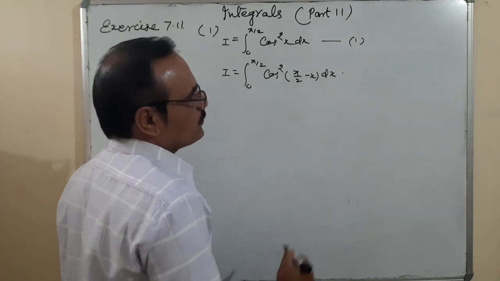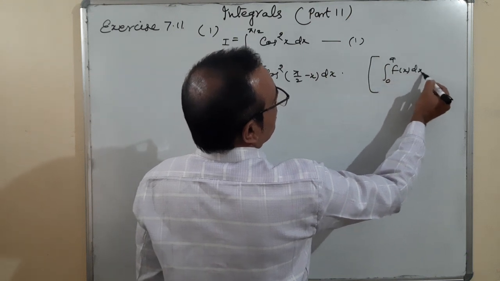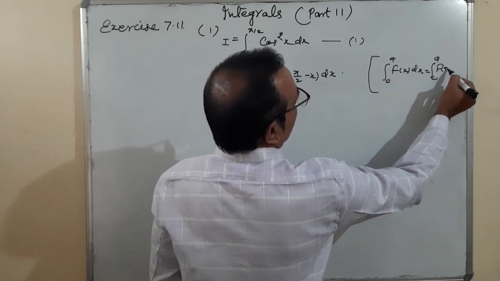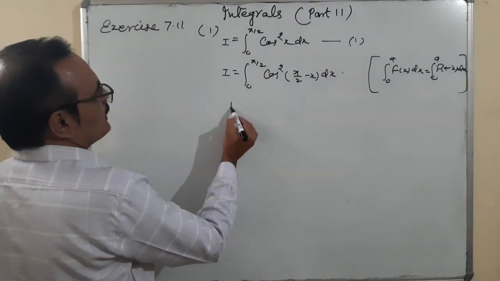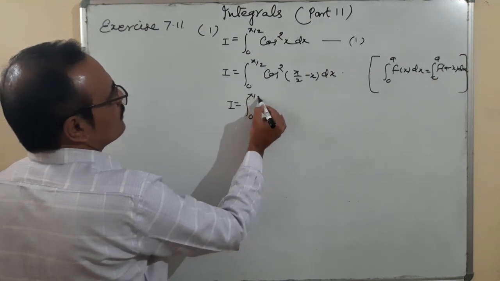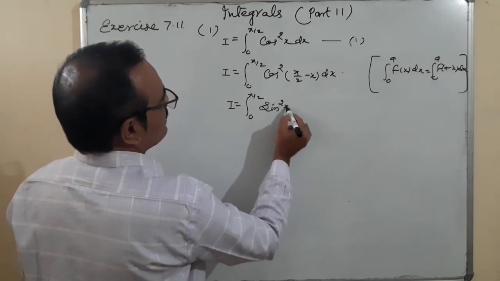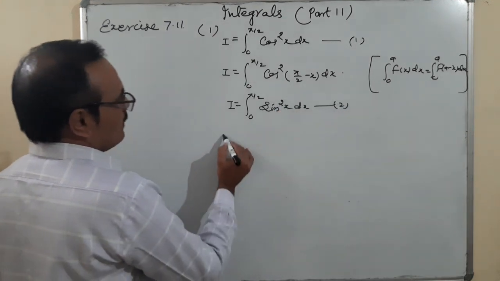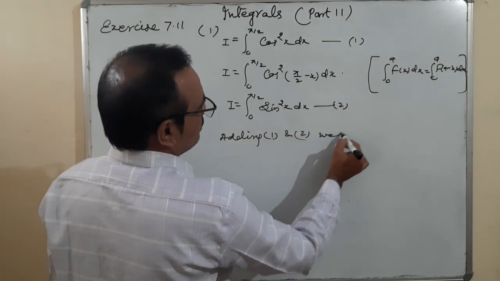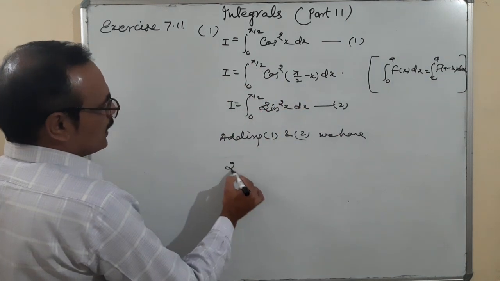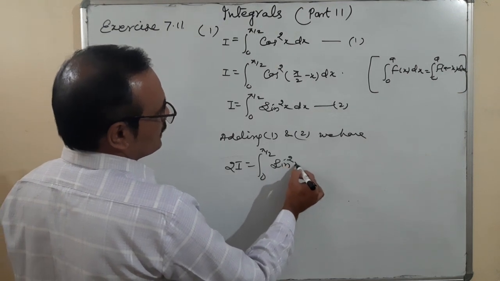Do you know which property this is? 0 to a f of x dx is equal to 0 to a f of a minus x dx. So I is equal to 0 to pi by 2 cos of 90 minus x, which is sin x, so it is sin square x dx. Equation number 2. Adding 1 and 2, we have I plus I, 2i is equal to 0 to pi by 2 sin square x plus cos square x.